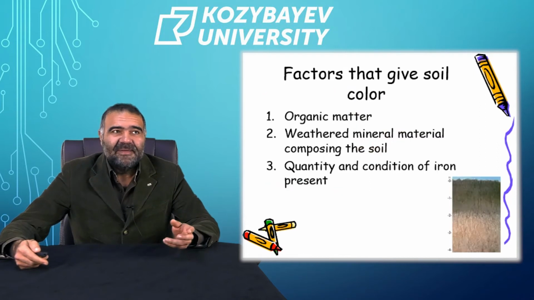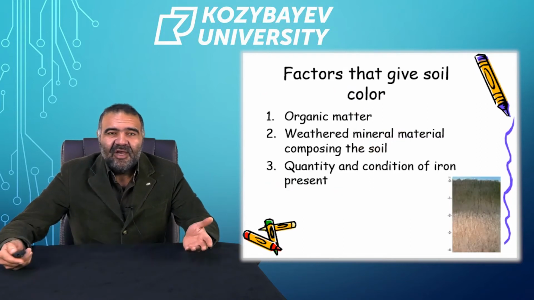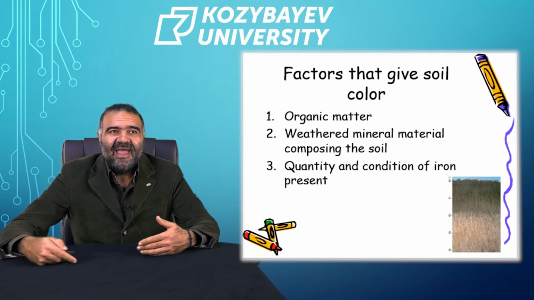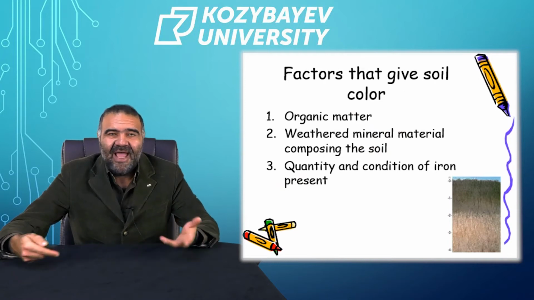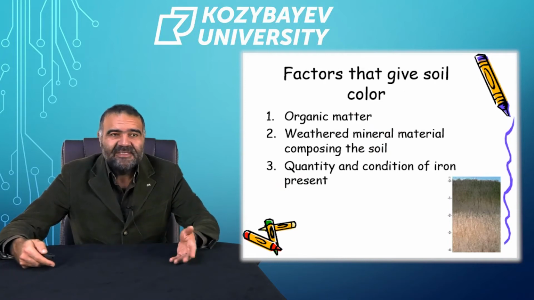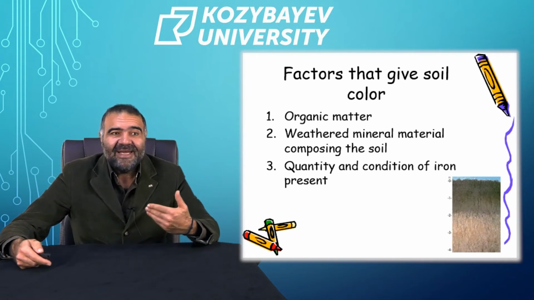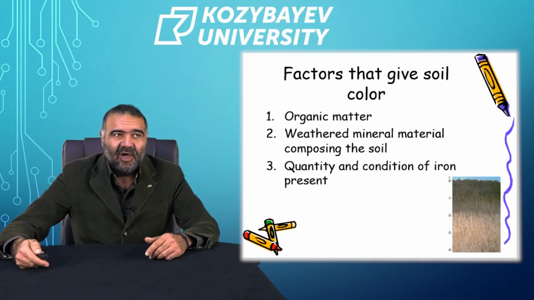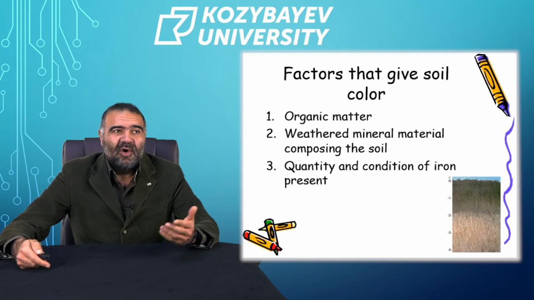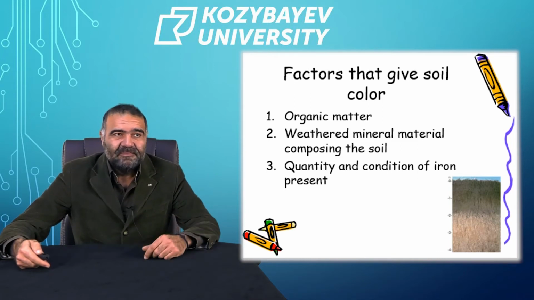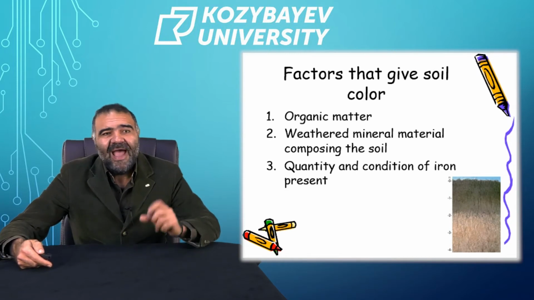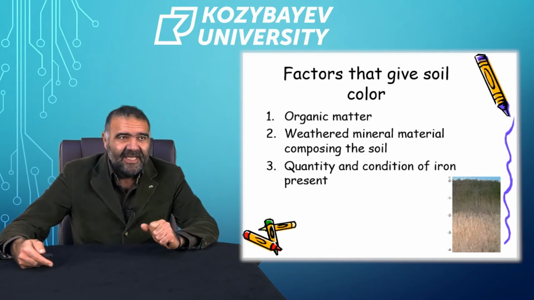So at the end, the color of the soil is the resulting interaction of all these colors given by the components of the soil. Organic matter, for example, is the most important in giving the color to the soil, especially in the uppermost part of the soil profile.